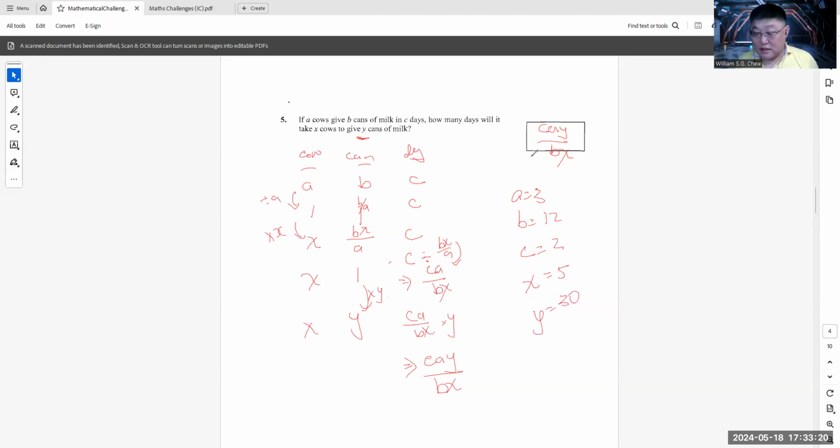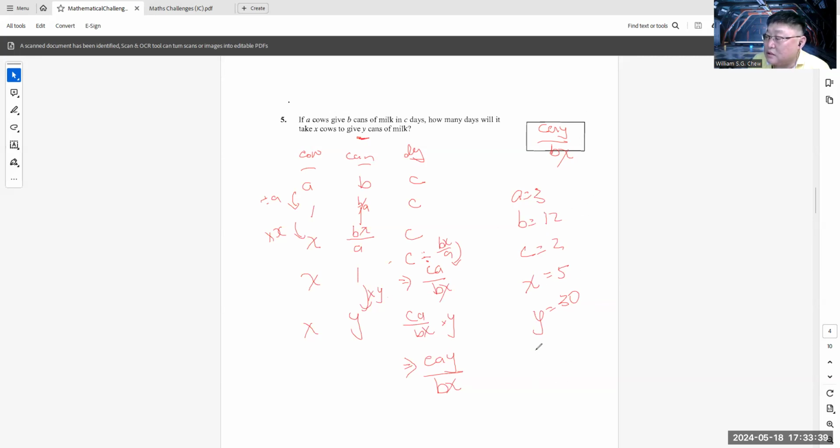Substitute all this to see if you get the same answer. It's a very short and sharp solution. If you don't believe me, you can do that.